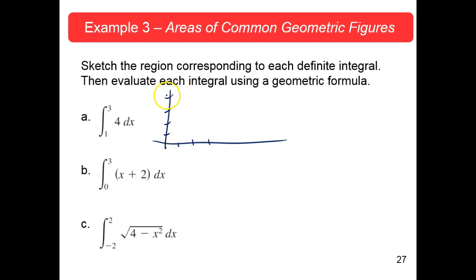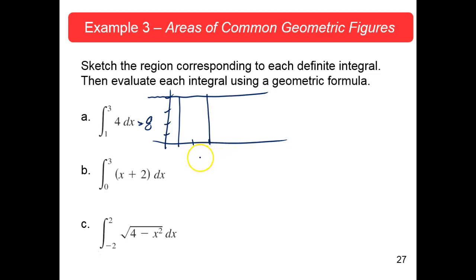Yeah, that's it. F equal 4 would be like this. If you evaluate that from 1 to 3, you have a rectangle, 4 by 2. Do you buy it? Okay.